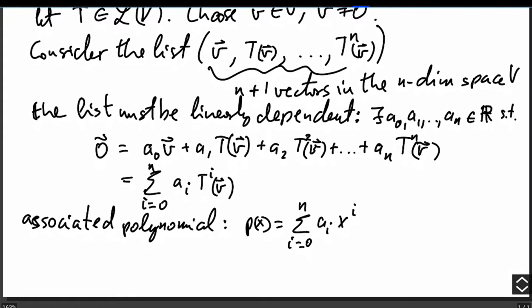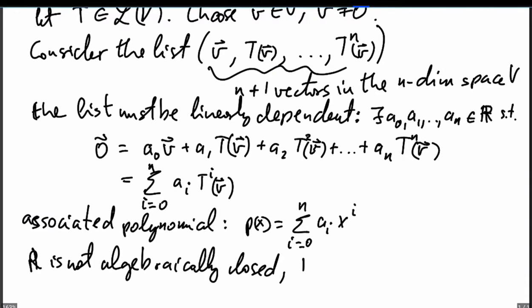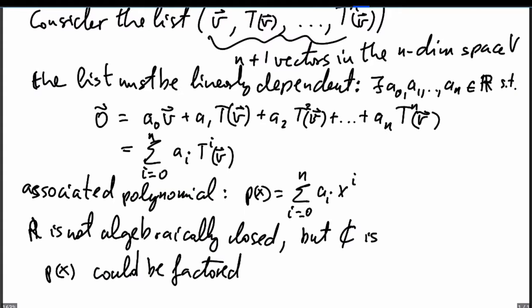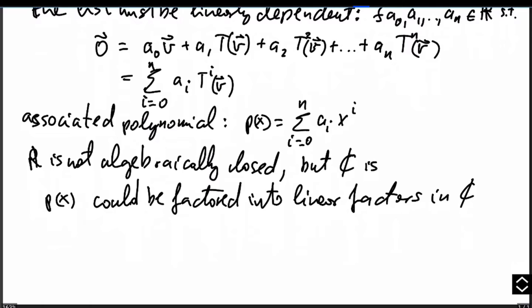So here the fact that R is not algebraically closed, but the set of complex numbers is, means that this polynomial could be factored into linear factors in the complex numbers, but not in the set of real numbers. So what this means is that in the real numbers, we cannot factor it completely.